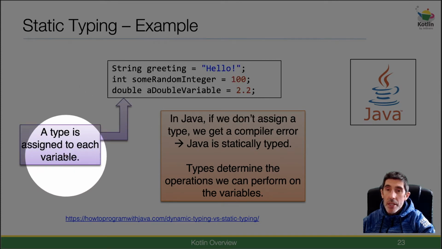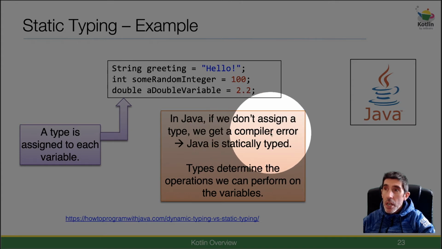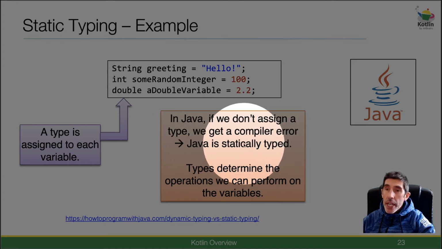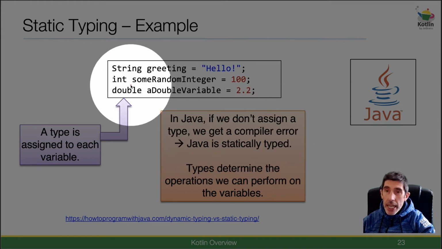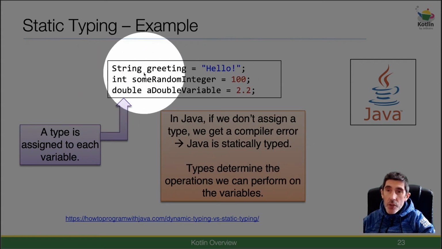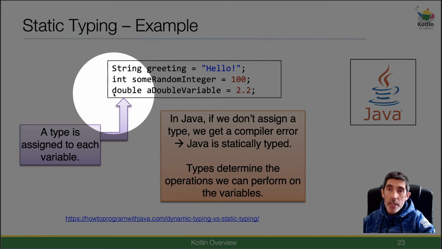So a type is assigned to each variable, and in Java, if we don't assign a type, we get a compiler error as Java is statically typed. And just note here, we have a big S for String, which identifies that it's a class, as opposed to a small i and a small d, which are basic types.